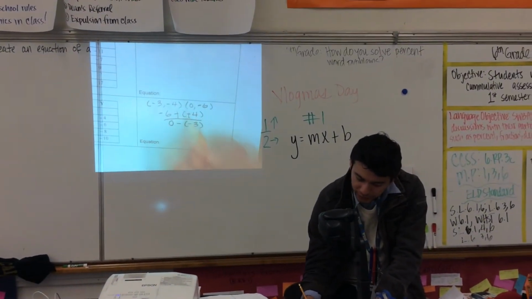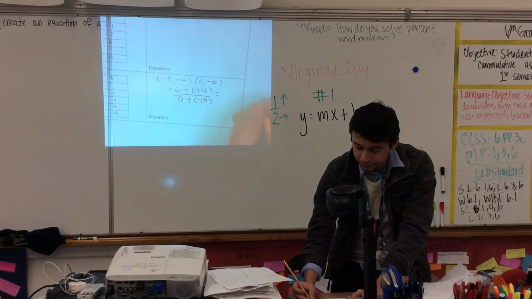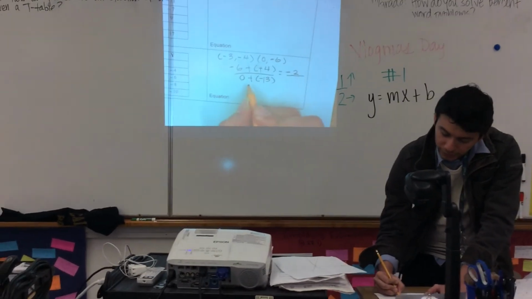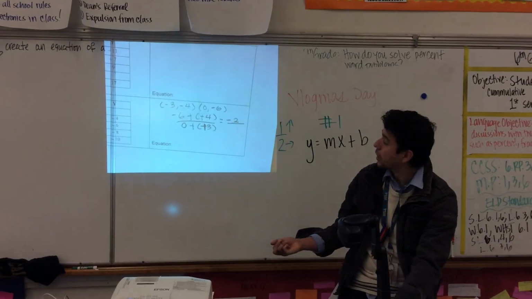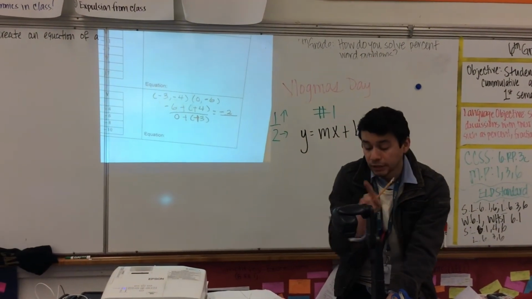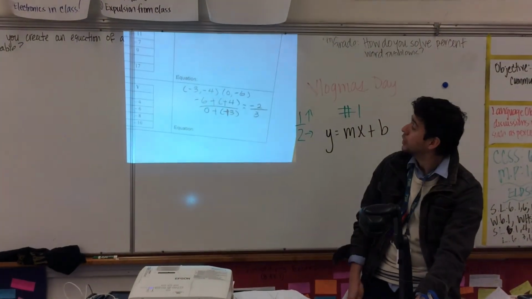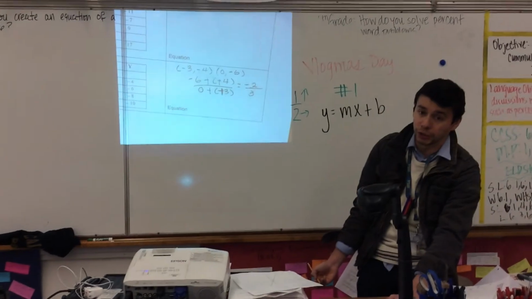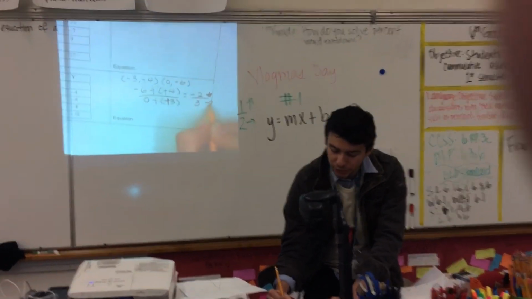Same, change. -6 plus 4 is -2. 0, oh, that looks like a 13. Sorry, it's a plus. 0 plus 3 is 3. Okay, so that means my slope is -2/3. That means 2 down, 3 to the right.